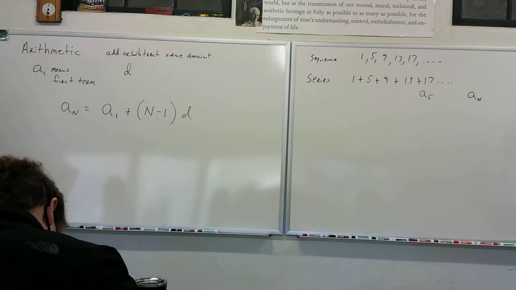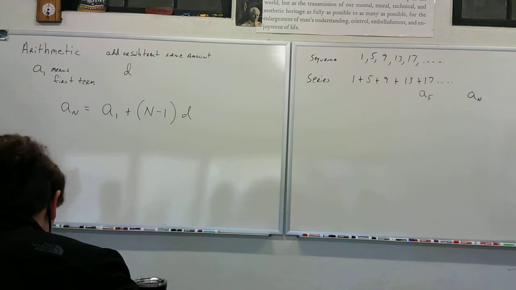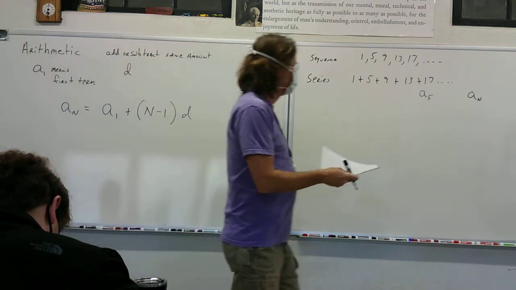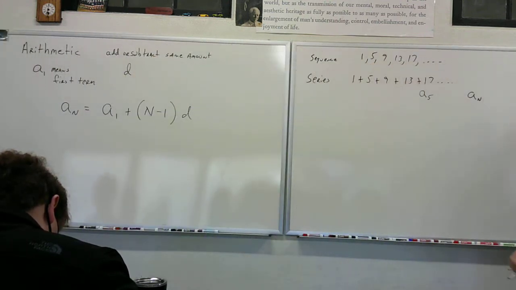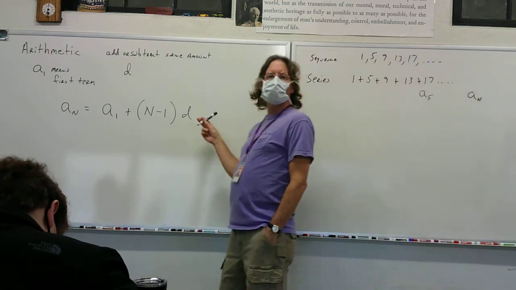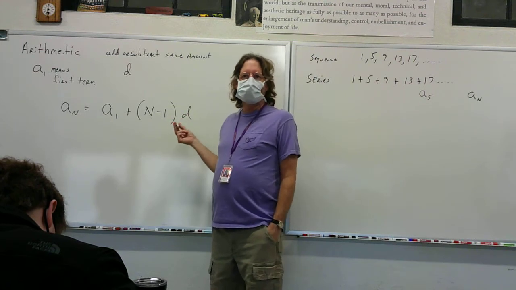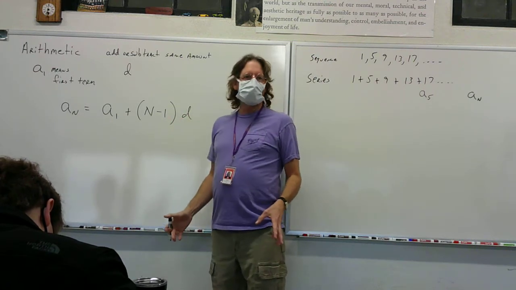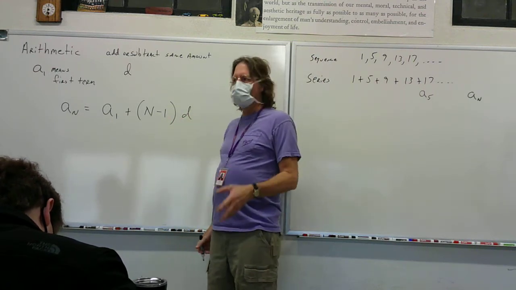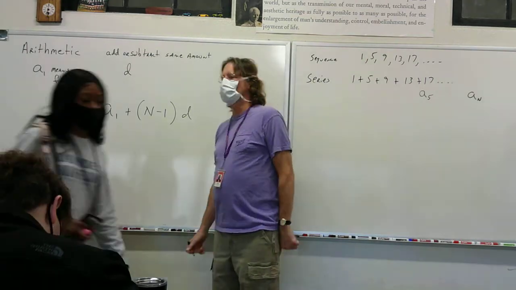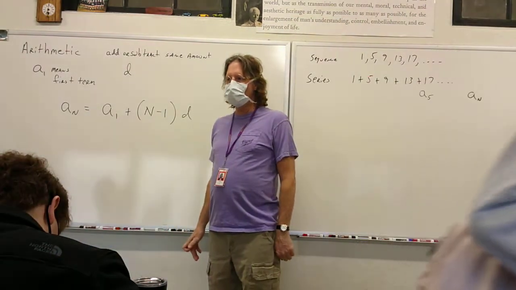And that will always tell you a term in an arithmetic. Notice if you don't have this formula, you can't do anything. If you got the formulas, life's good. If you don't have the formula, life is bad, okay?